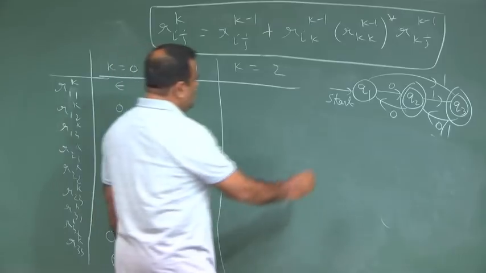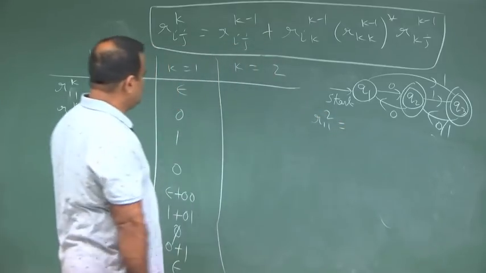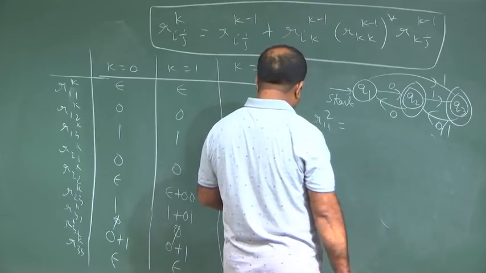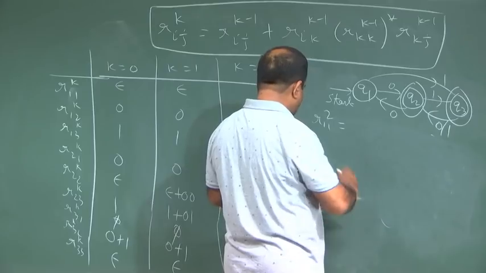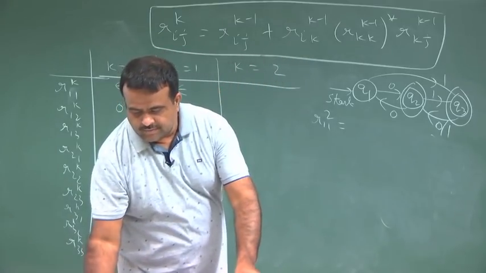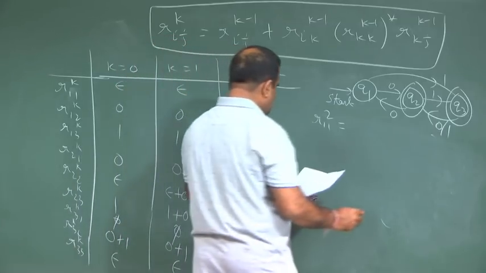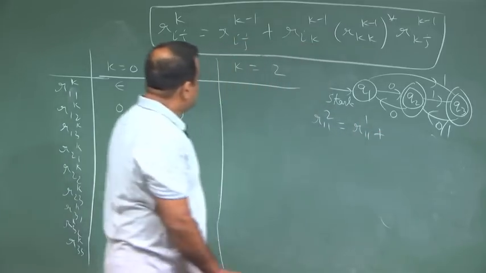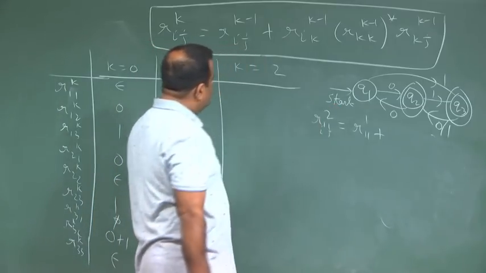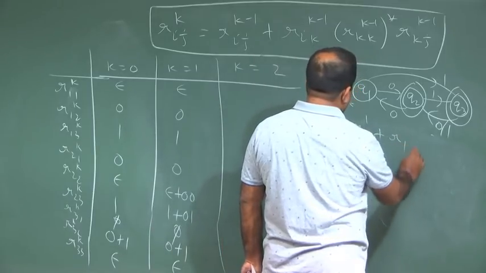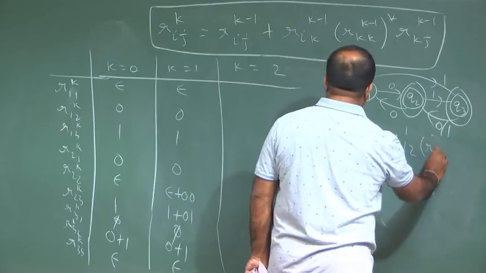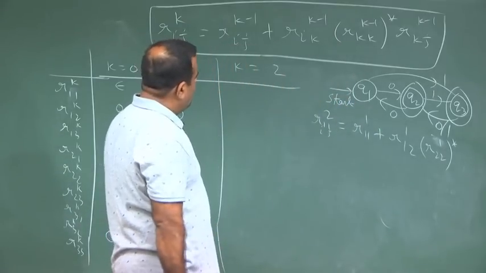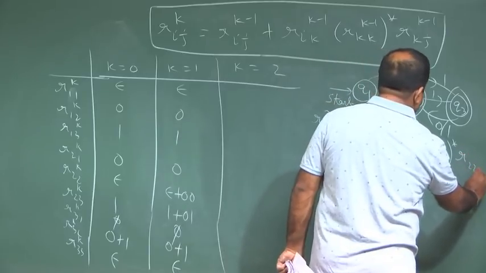For example, R 1 1 2 is again epsilon, because if we use the formula, R 1 1 1 plus R 1 2 1, then R 2 2 1 star, then R 2 2 1. Here this is i, this is j, this is k.